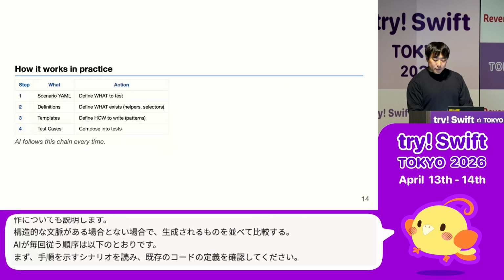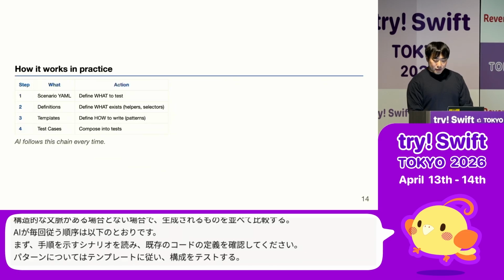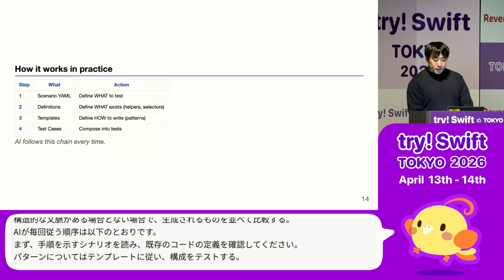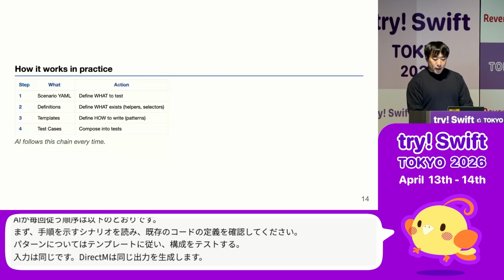Follow templates for patterns, and compose into tests. This is a fixed chain. Given the same inputs, the LLM produces the same output. So it's a very structured composition flow.